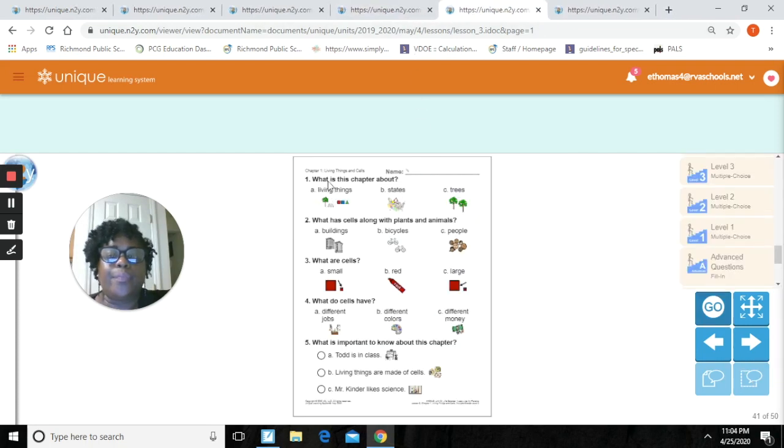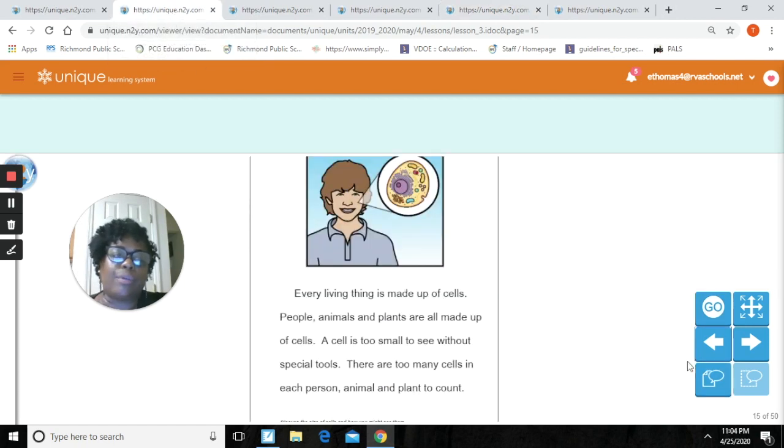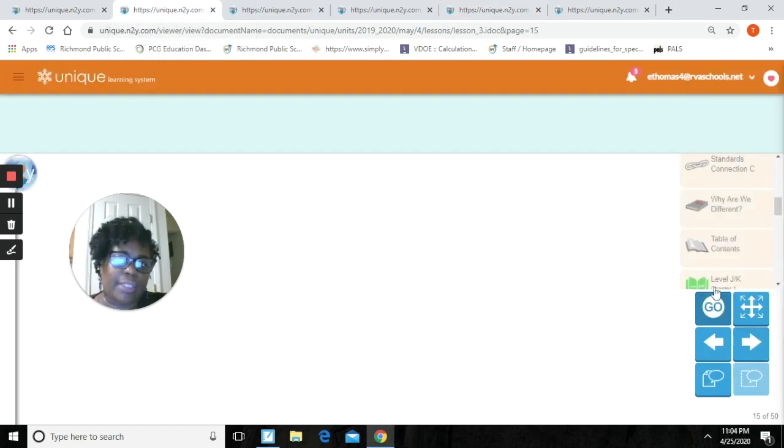Okay, so this is a multiple choice activity. So number 1 says, what is this chapter about? Living things, states, or trees? Let's go over here and look. We always use our story, right, to answer our question.